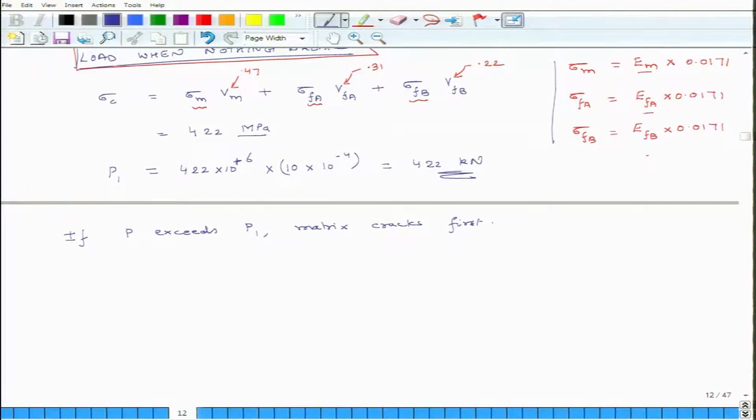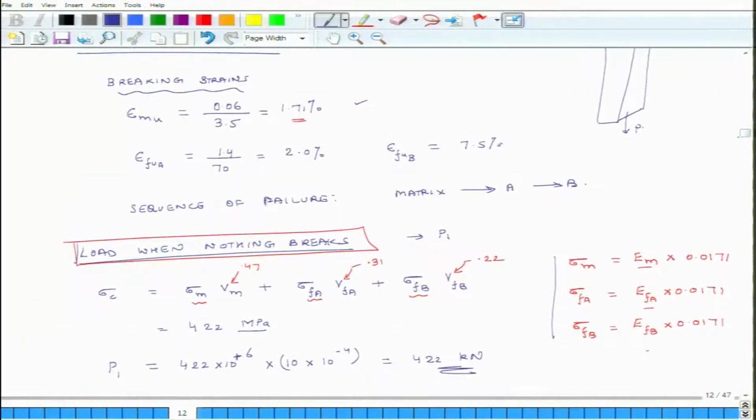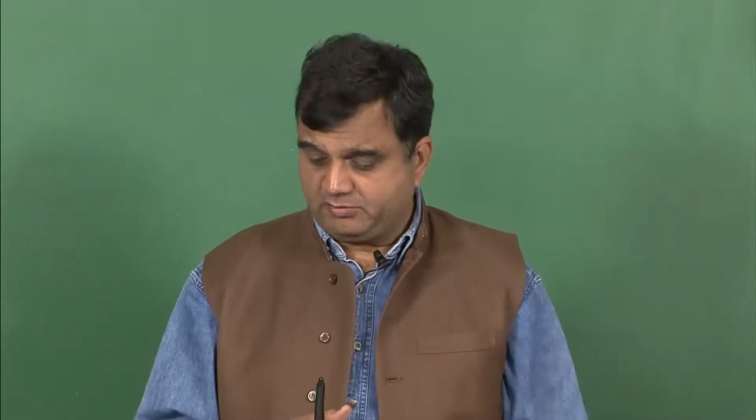So once matrix has cracked, all the load which is borne by the matrix gets shifted to fiber A and fiber B. So once it cracks, all the load gets shifted to the other fibers, but I can still keep on pulling it further, right. The next thing which is going to break will be what? Fiber A is going to break, and that will break at 2%.